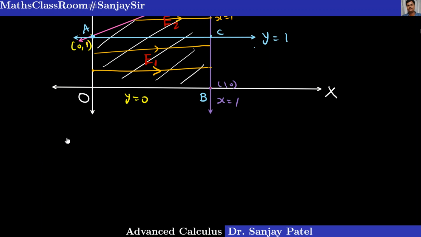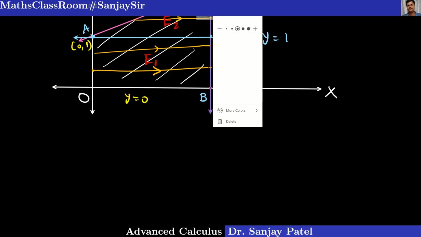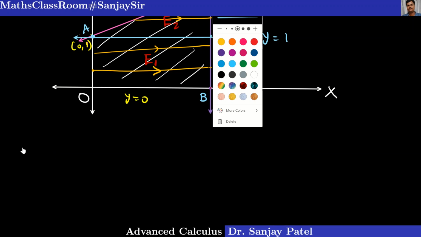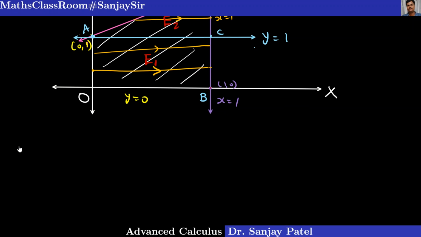I can say the required double integral. We always write it like this: the double integral which is given to us, x is equal to 0 to 1 and y is equal to 0 to x plus 1, f of x comma y dy dx.